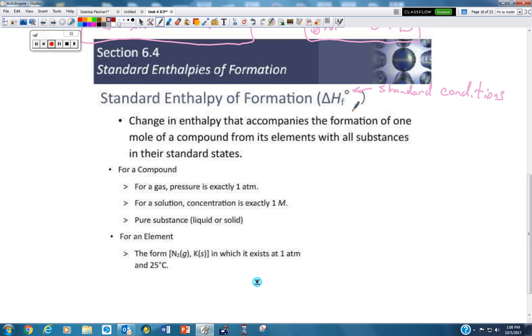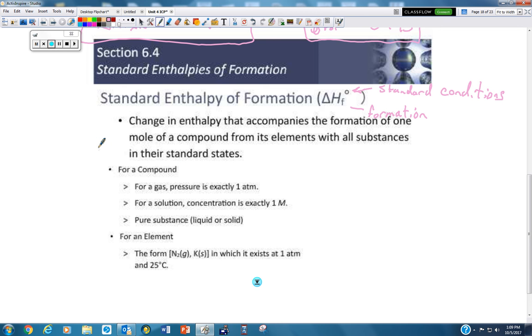And the F is just telling us that that is formation. You're going to see different little symbols down there where the F is. Sometimes you'll see COMB, that means combustion. If you see RXN, that's reaction. It's just telling you where the energy is from.